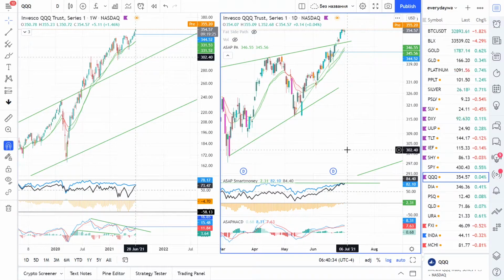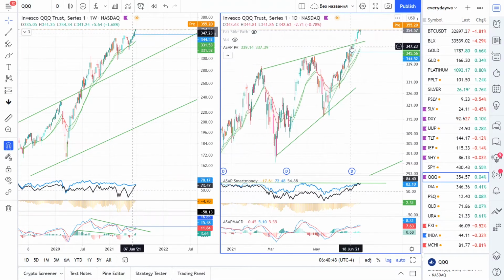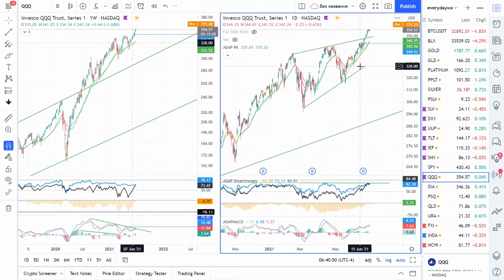As you might probably know, everybody is talking everywhere about an inverse correlation between stocks and bonds, bonds and stocks, and so on. So bottom line here is that we will have a blow off top move here soon.